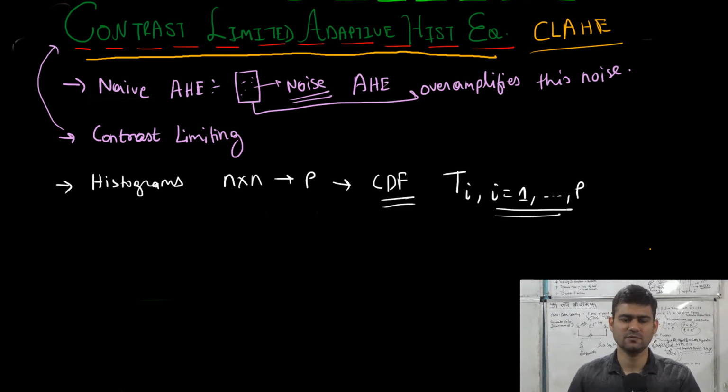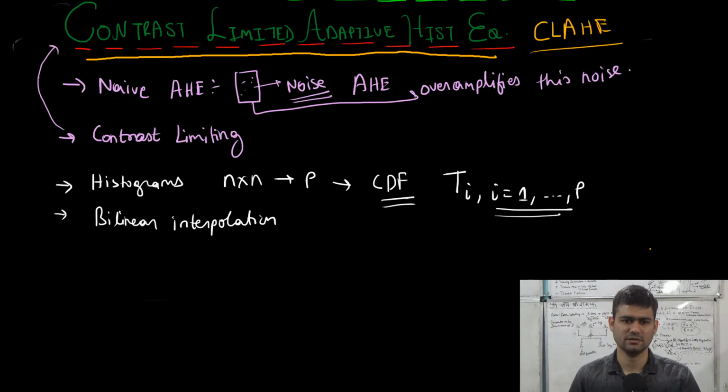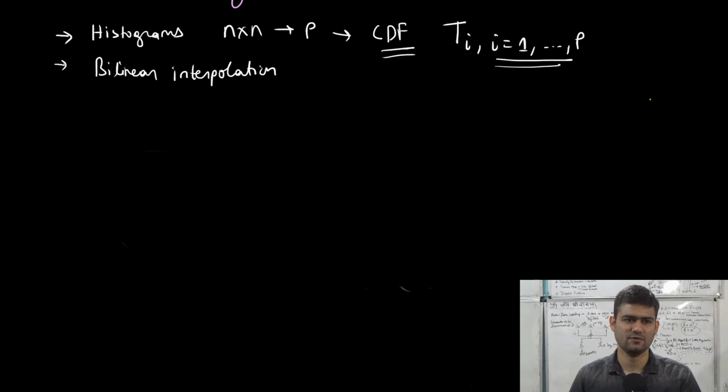And we saw in the previous lecture that instead of readily transforming the pixels in the blocks individually, we use bilinear interpolation to finally assign the values of the pixels in the transformed image. So this is the only difference in the naive adaptive histogram equalization and the CLAHE operator.